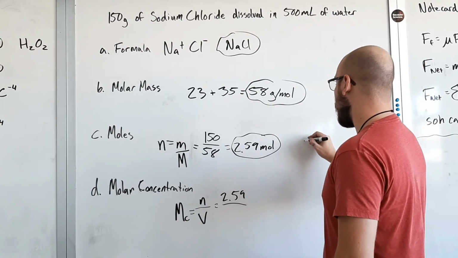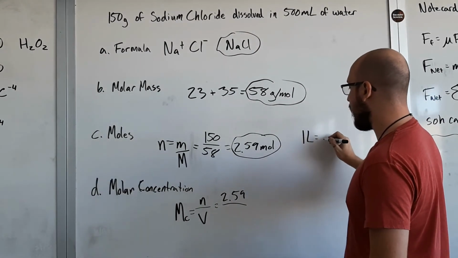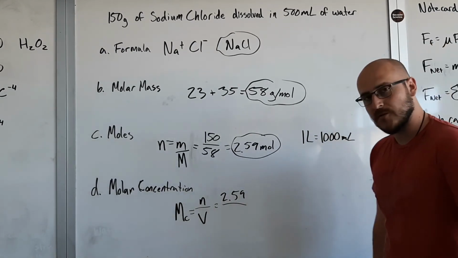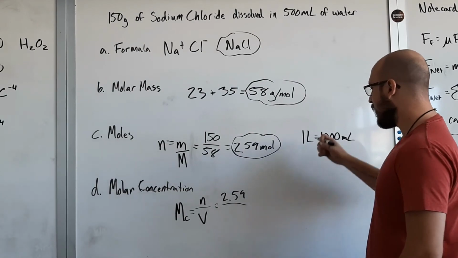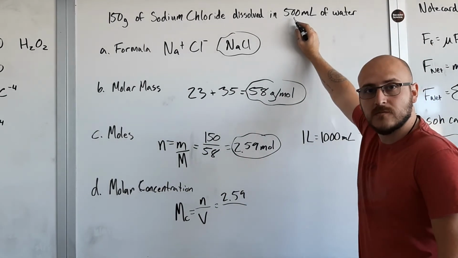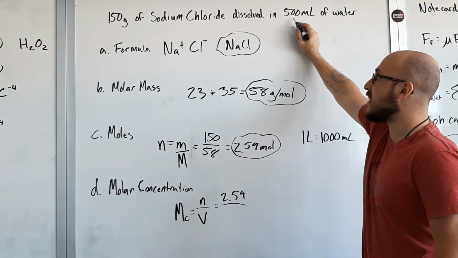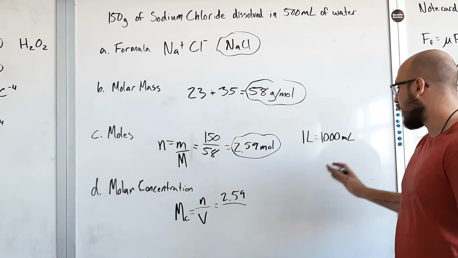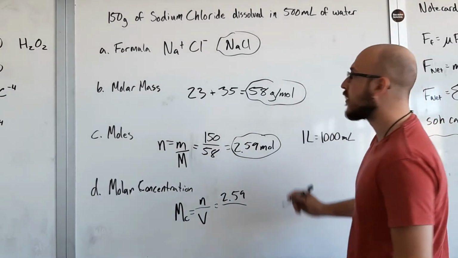Okay, so in 1 liter, there are 1,000 milliliters. Okay, 1 liter equals 1,000 milliliters. So if we've got 500 milliliters, that would actually be 0.5 liters. Okay, when you're converting from milliliters to liters, here's the quick and dirty way to do it.